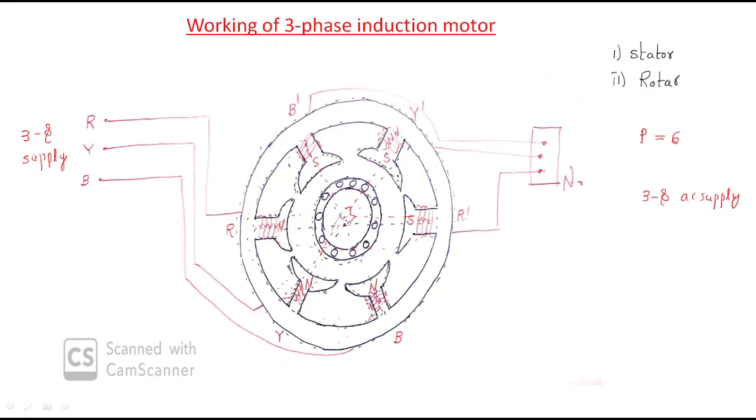Here also we have North Pole and South Pole, and the flux lines travel from North Pole to South Pole. By using these three fluxes, a resultant flux will be produced, and this flux will rotate in the air gap. This flux is known as the rotating magnetic field.